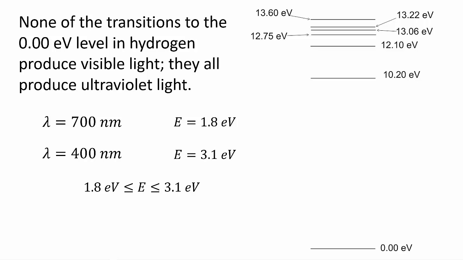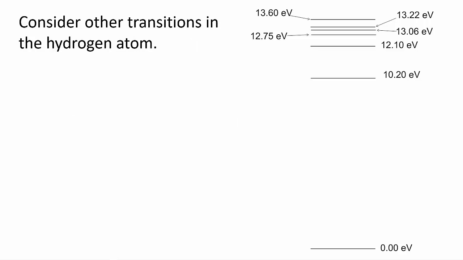If you want to look for visible light, just look for energy differences between those levels that are between 1.8 and 3.1. And we're going to find all of them here, actually, for hydrogen. That's the important thing we need to remember. Visible light photons are between 1.8 and 3.1 electron volts.